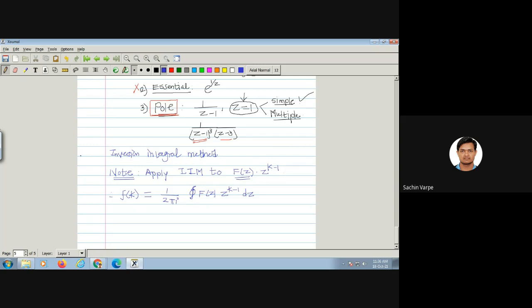This is integration and this is the symbol of closed integral. Closed means integration over the closed curve C. We are not going to actually calculate the integration, but this is the formula for the inverse Z transform. f(k) is our required inverse Z transform, and that is equal to this.